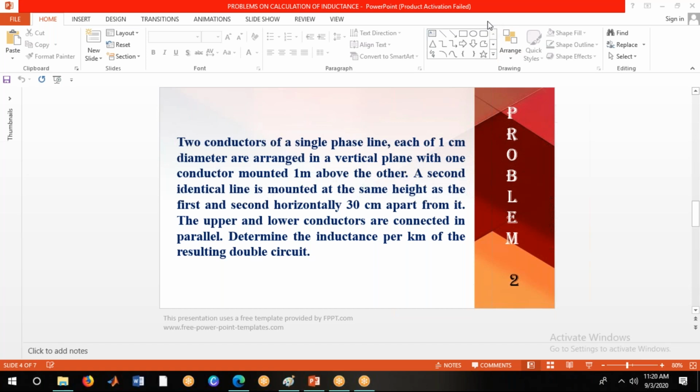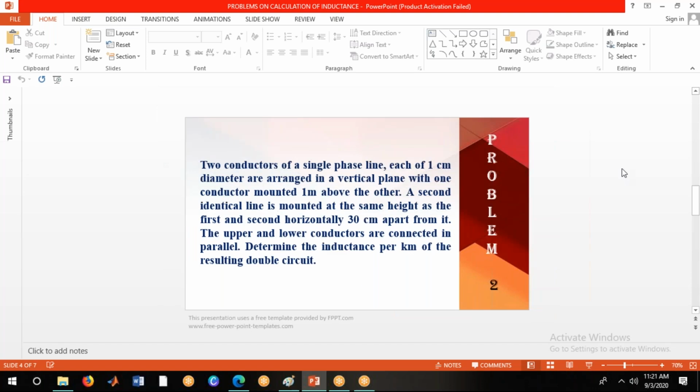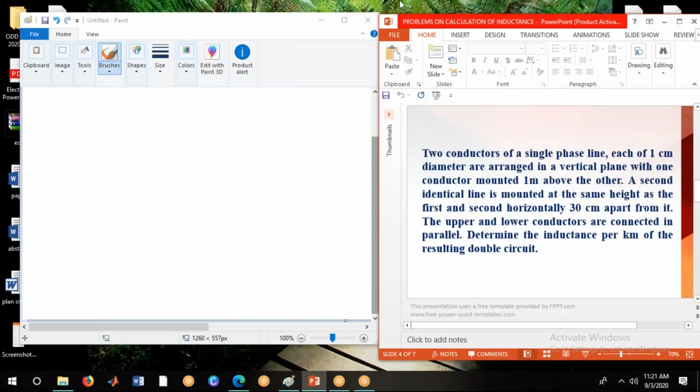So tell me after you have noted it down. We will start the problem. Right. See here, what the question asks: the two conductors of a single phase line, each of 1 centimeter diameter, are arranged in a vertical plane.